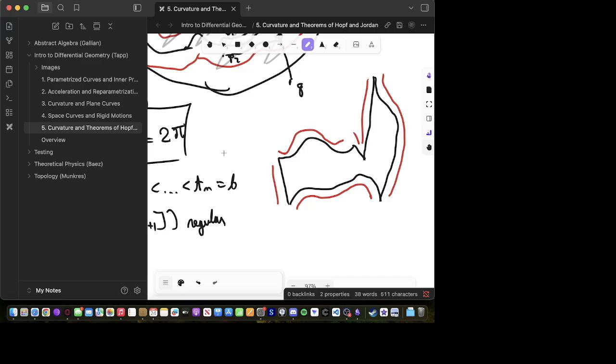So suppose that maybe we start here and we're traversing this way. Signed angles are essentially angles that have a sort of direction.